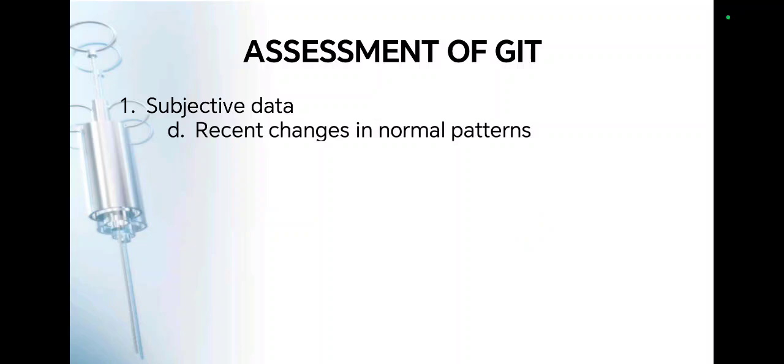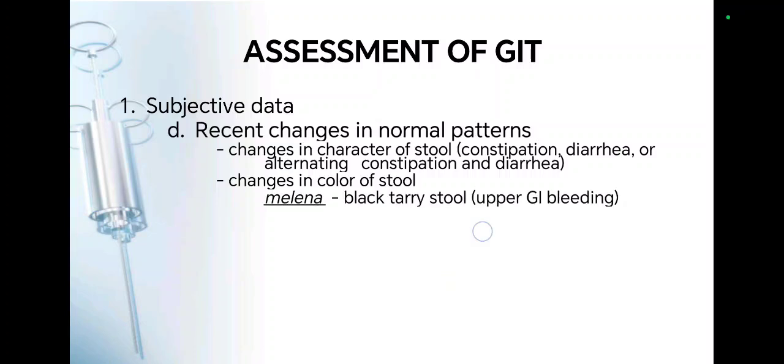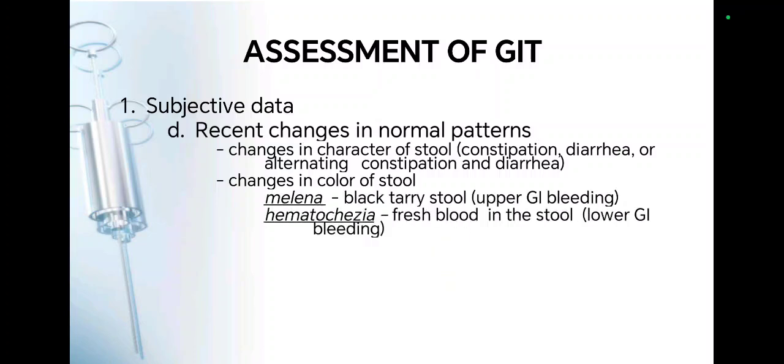Assess also for any recent changes in the normal patterns, or changes in the characteristics of the stool. Later on we will learn the different characteristics of the stool using the Bristol stool chart. And then we have changes in the color of the stool. Melena is the black tarry stool, which may signify an upper gastrointestinal bleeding.